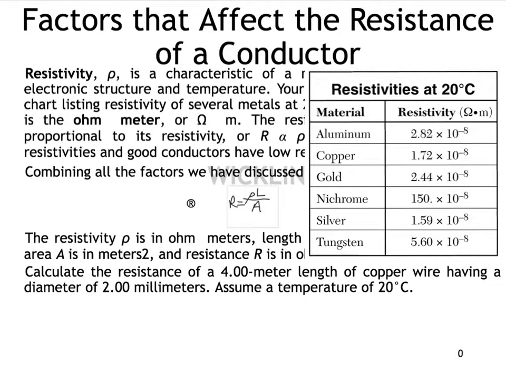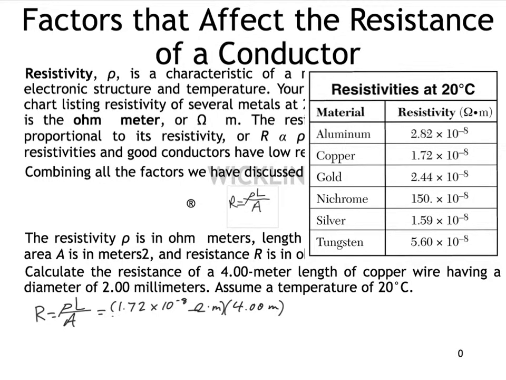So R is rho L over A, let me add that in. Since this equation is set up correctly, we don't need to adjust it. Let's just plug in values. The rho, or the resistivity for the substance copper at 20 Celsius, is 1.72 times 10 to the negative 8 ohm meters. The length of the wire is 4 meters.